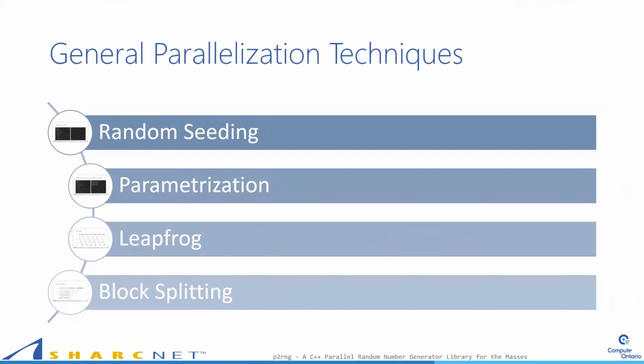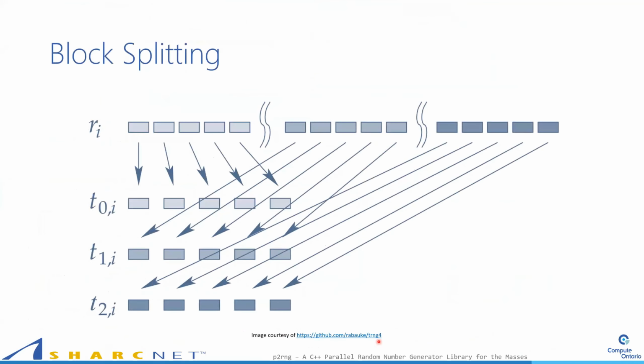If we go with the last technique, which is block splitting, it's more or less the same. Block splitting splits the sequence of a sequential RNG into consecutive blocks, as shown in this diagram. Because the blocks are spaced enough, no false sharing happens, because each thread is responsible for different blocks.